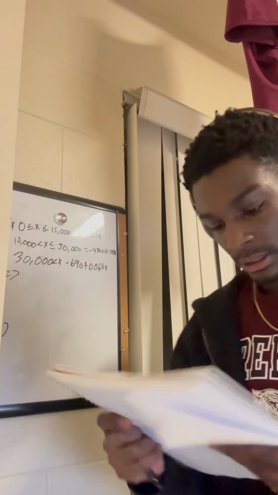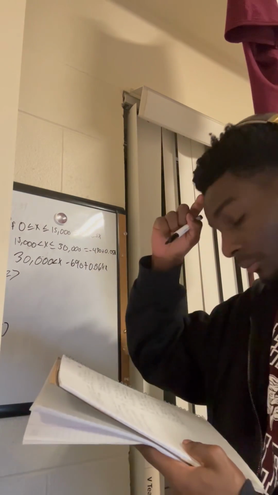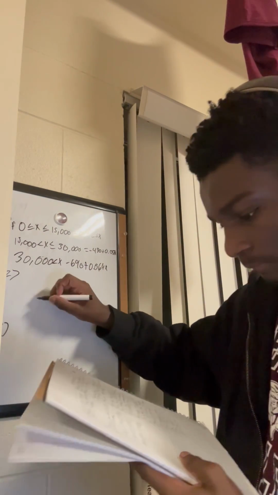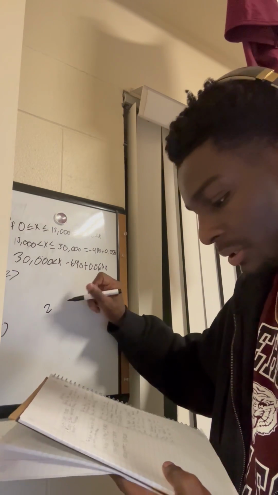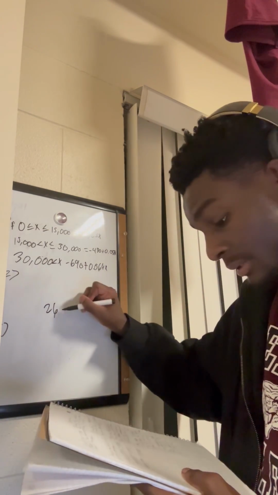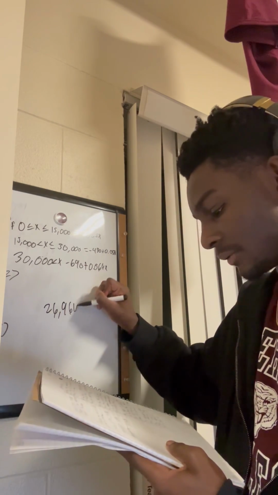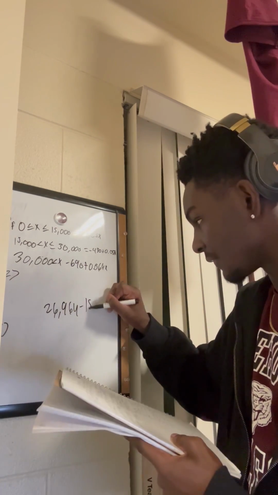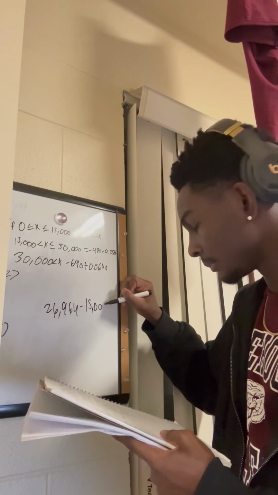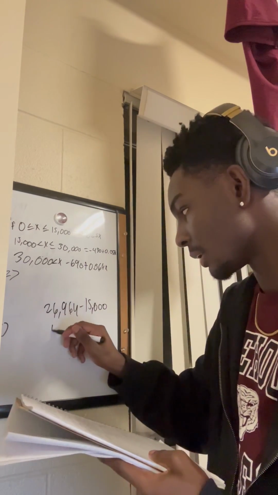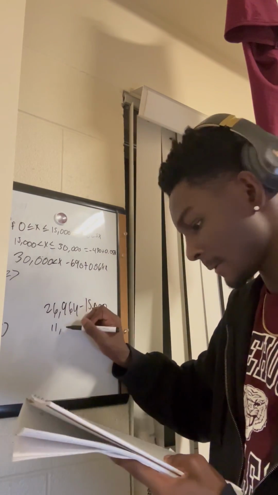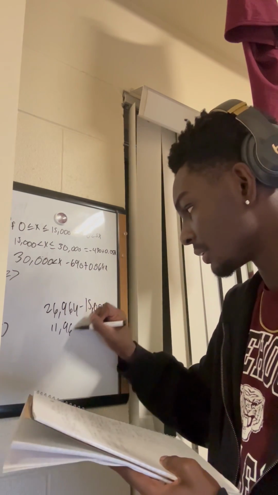And then for finding the amount of tax due, I did 26,964 minus 15,000, which got me to 11,964.